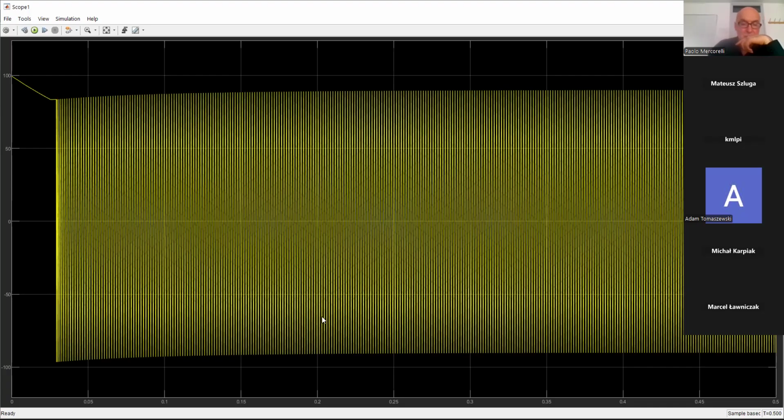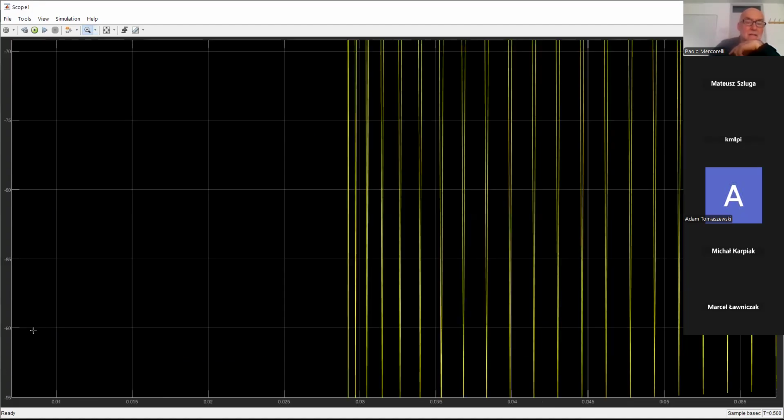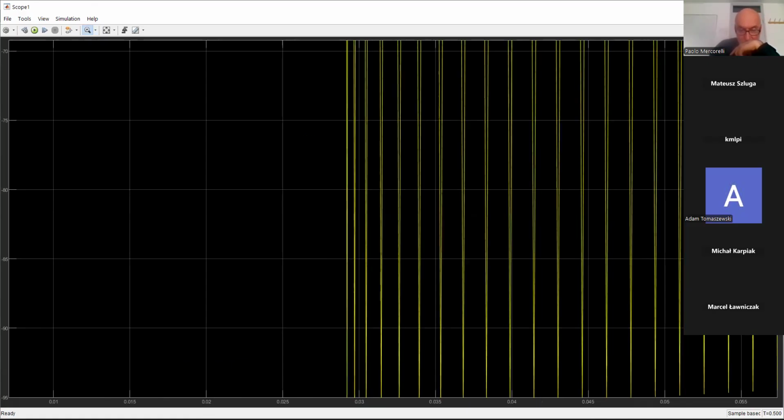Let me redo. Here we reach the surface. The surface means the point in which I switched. Remember, I told you about that. We achieve the surface around 0.03, the point in which I start to switch, chattering.